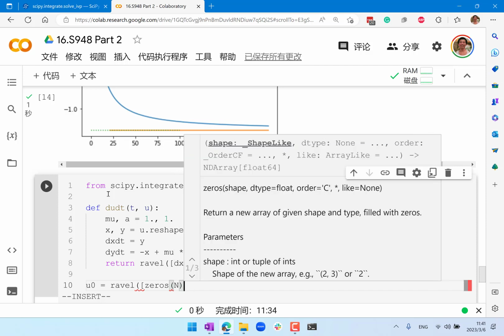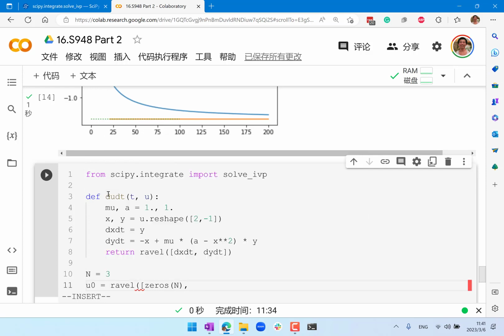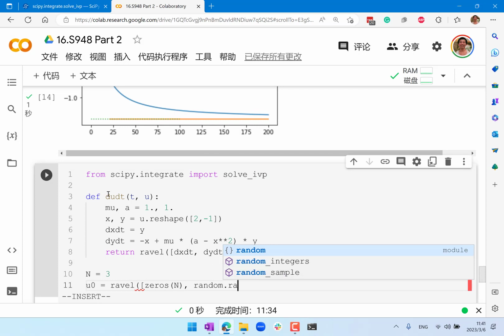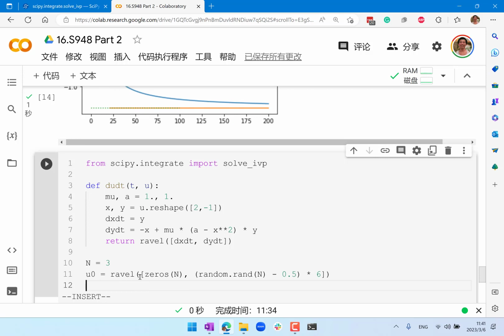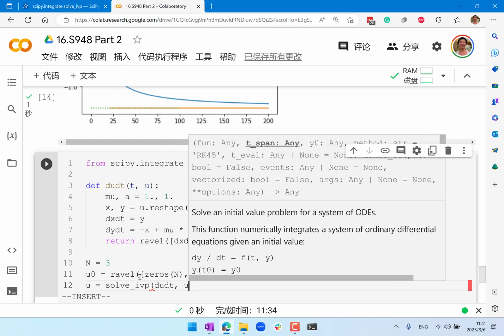So let's define x_n, just for a few trajectories, as np.random.rand of n minus 0.5, to make it symmetric, and multiply by 6. So we'll say u is equal to solve initial value problem, with du dt and u0.